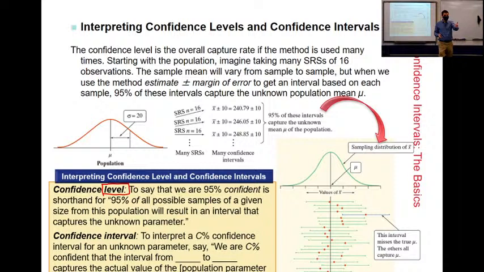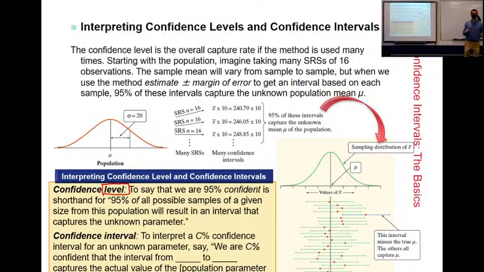So for my freshman example, it might look something like, we are 95% confident that the actual percentage of students at Dixon High School who are freshmen falls between 20 and 26%. But you want to put this in terms of the population parameter. So that is the interpretation of the interval itself.